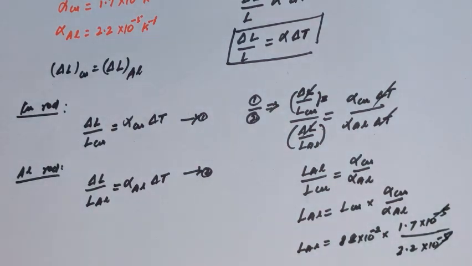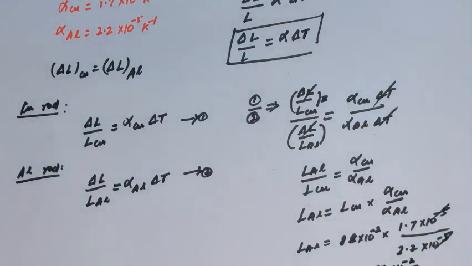Dividing 1.7 by 2.2 gives 0.77, so we have 88 times 0.77 into 10 power minus 2.